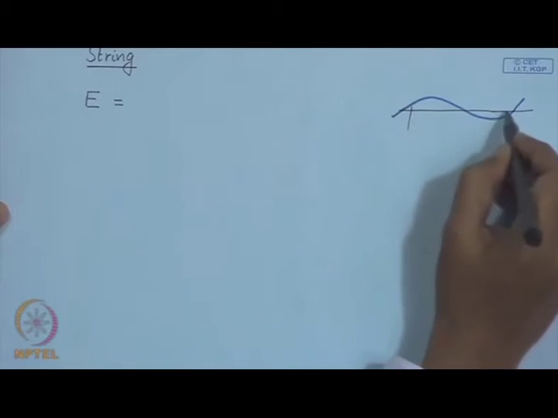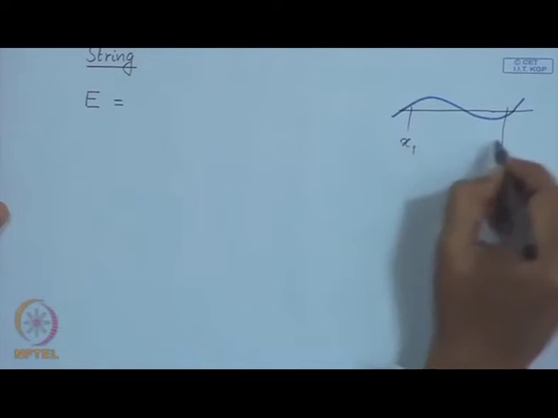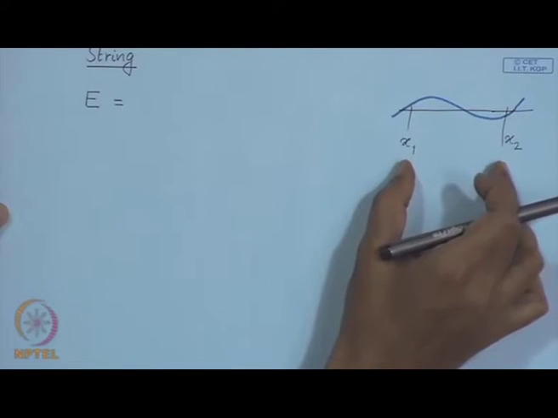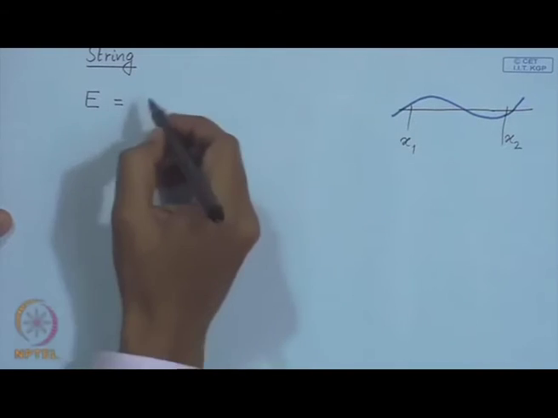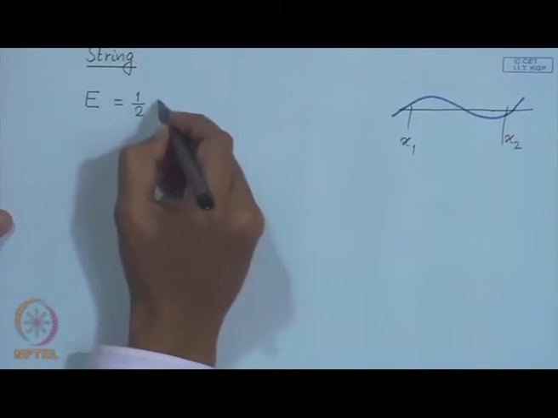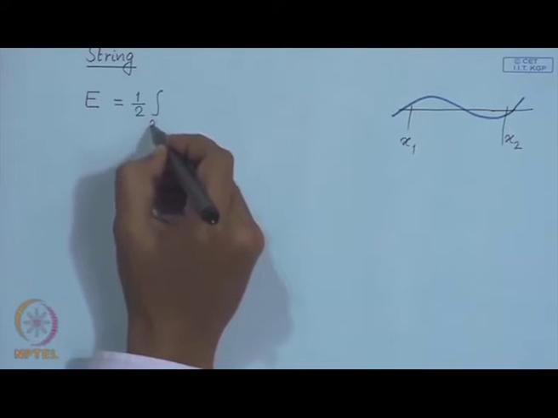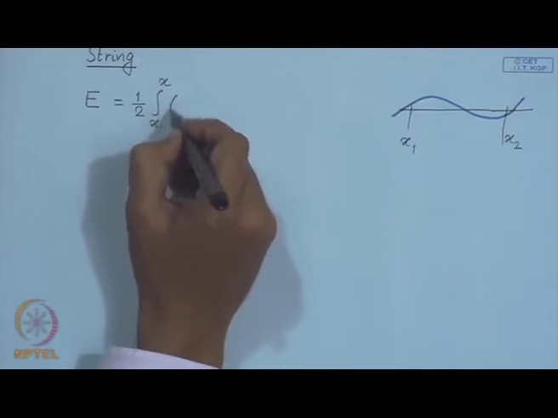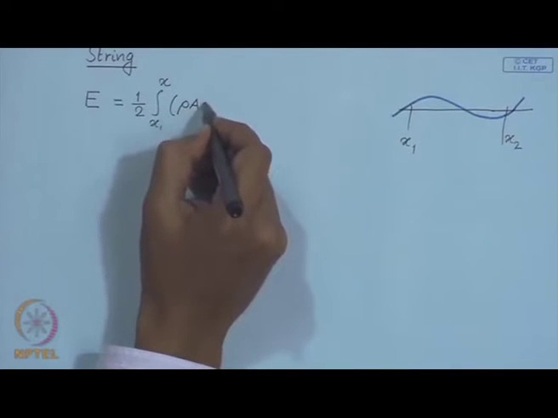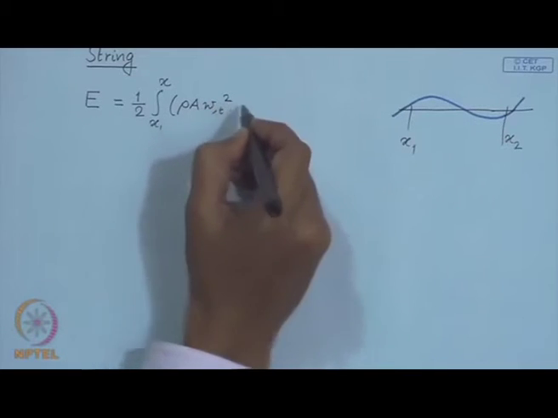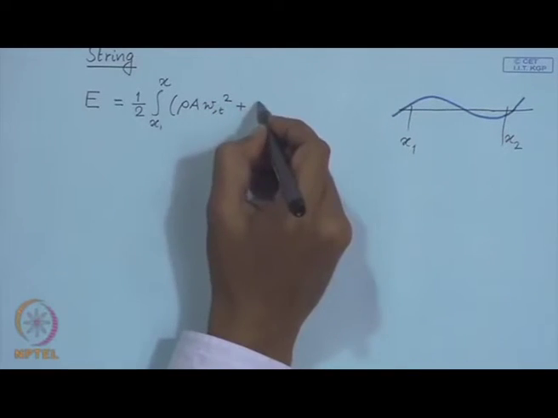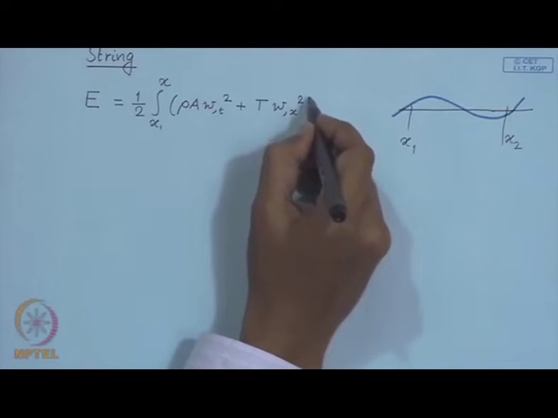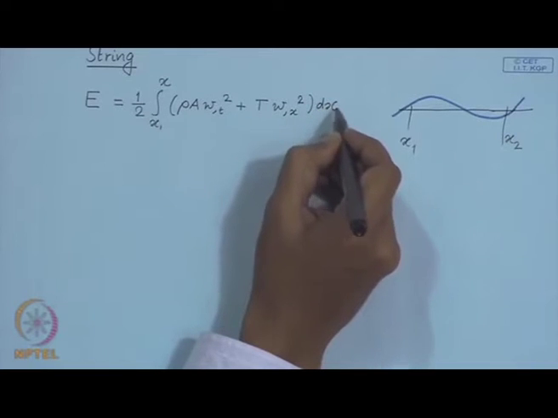Let us calculate the energy of the string in this region from x 1 to x 2. So, this consists of the kinetic energy, and I have put this half common outside, and this is the potential energy.